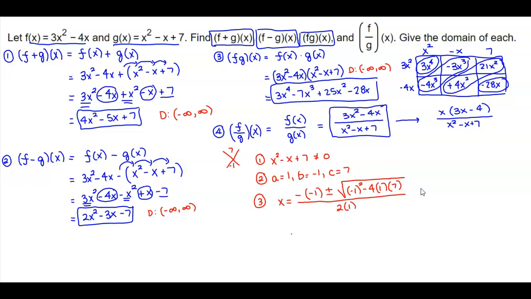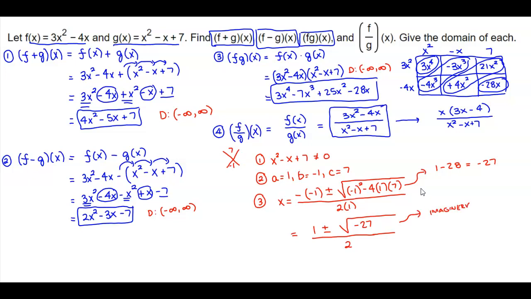Okay, now if we go a little further, we would end up with positive 1 plus or minus. Now what we would get inside here, which is the discriminant, we would get 1 minus 28, which is equal to negative 27. So this is going to give us negative 27 over 2. Okay, so this gives us imaginary solutions.